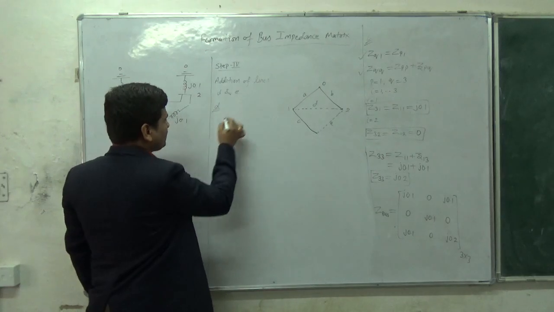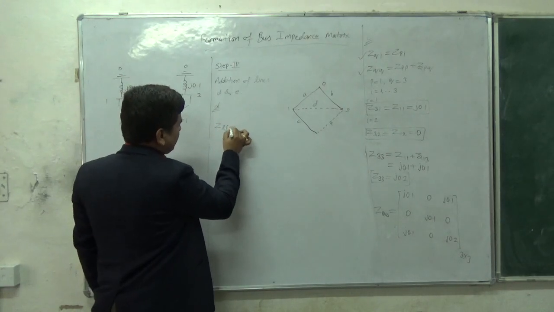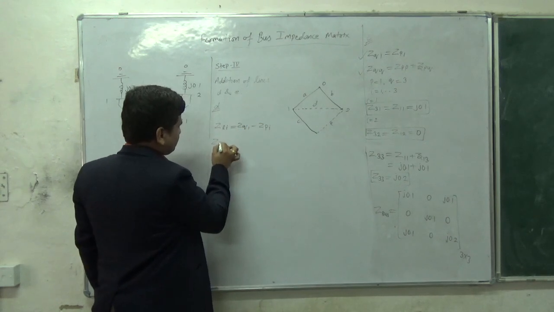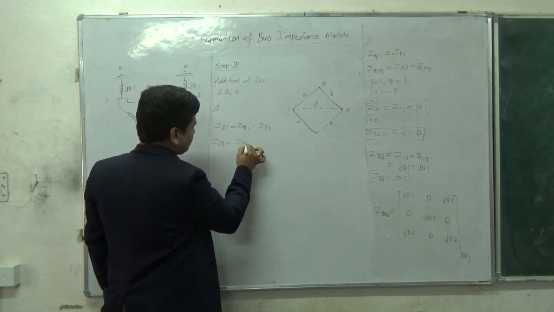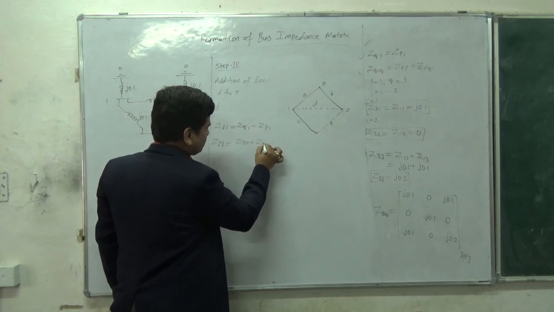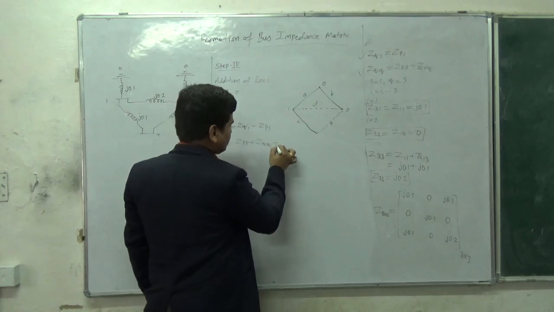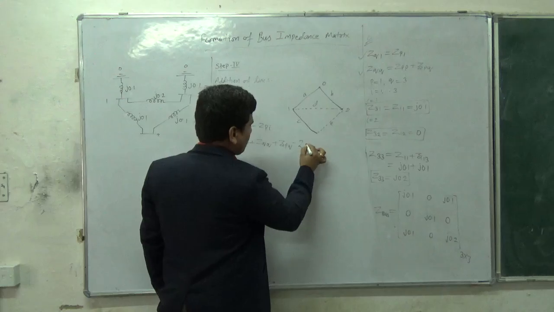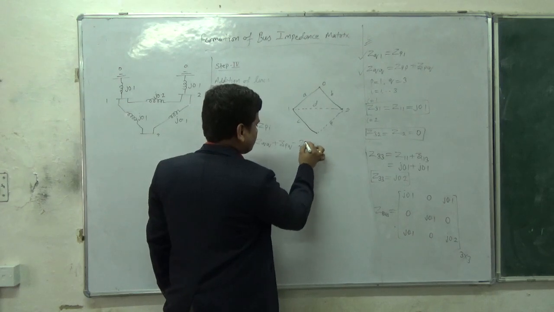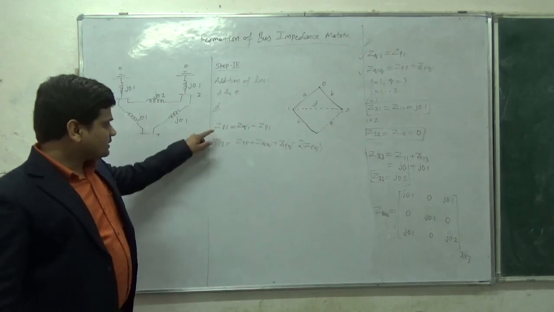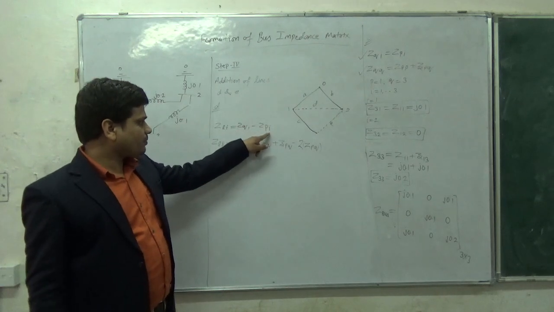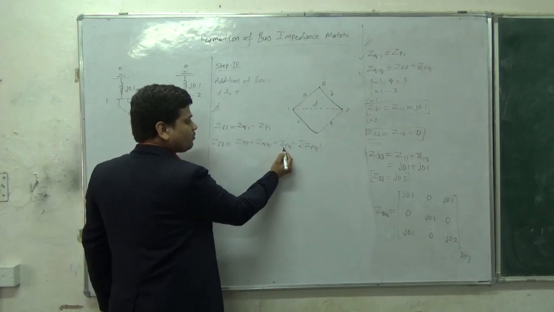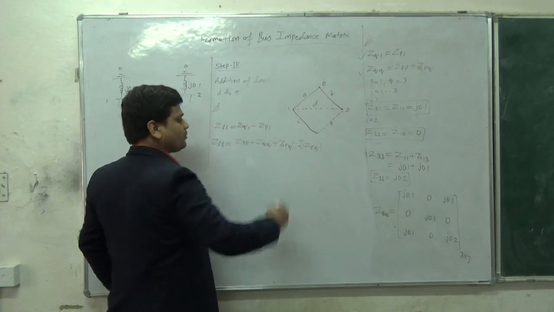So what is the process? Let me write the formulas first. ZLi is equal to ZQi minus ZPi, and ZLL is equal to ZPP plus ZQQ plus small zpq minus twice of capital ZPQ.